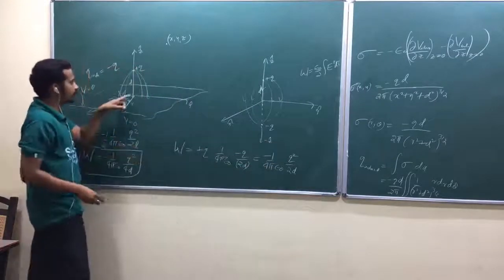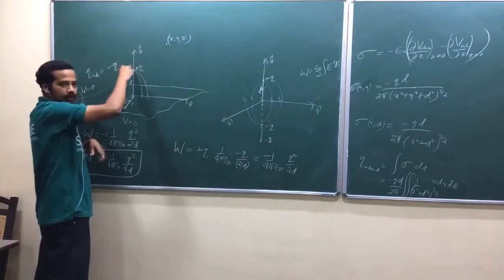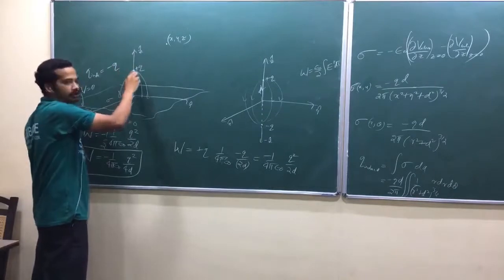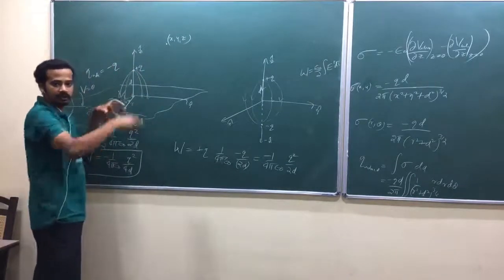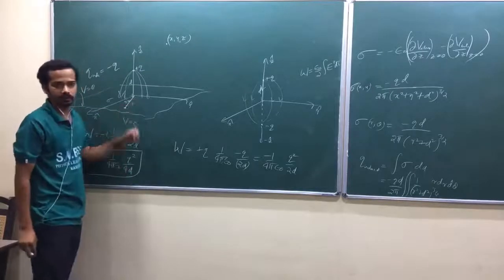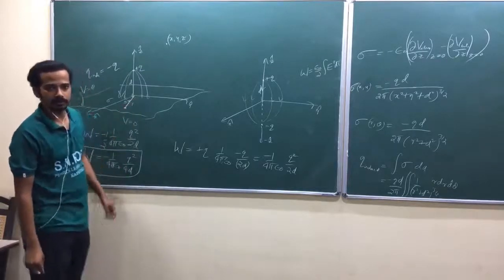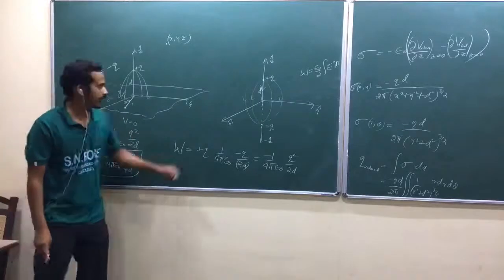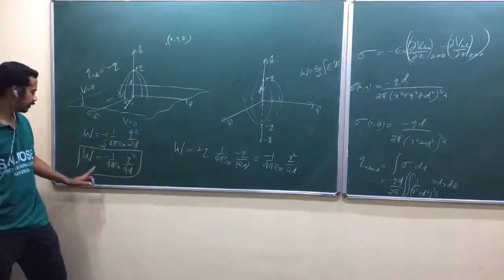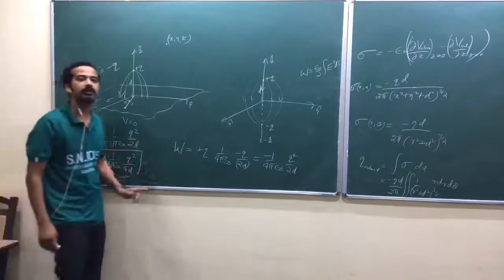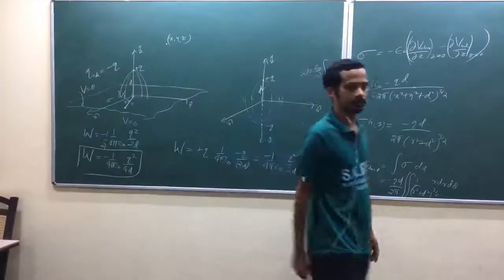But while bringing this one from infinity to this point, work is done only on this one. These charges are free to move and rearrange themselves without any work. That is the difference, and that causes the factor 1/2. And this is the actual electrostatic energy stored, or actual work done.